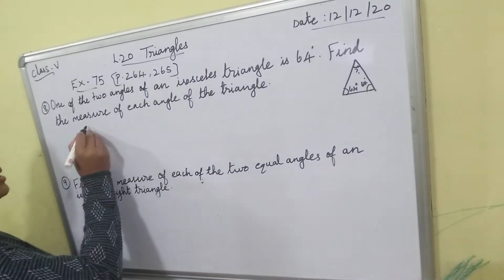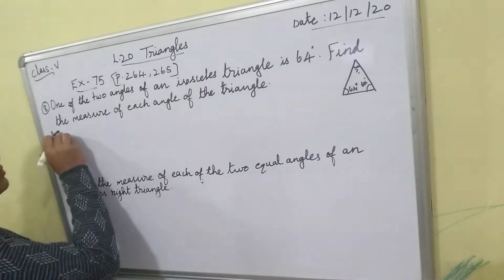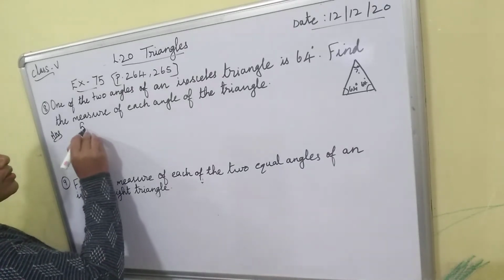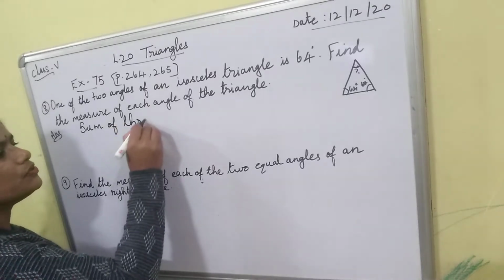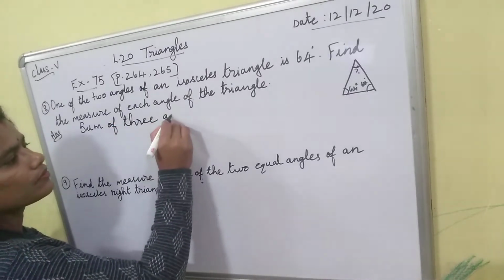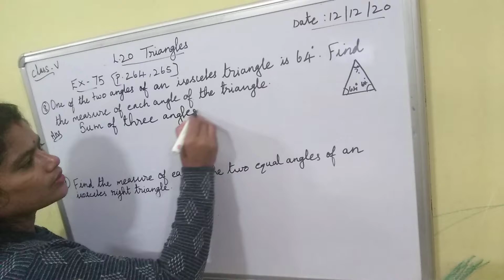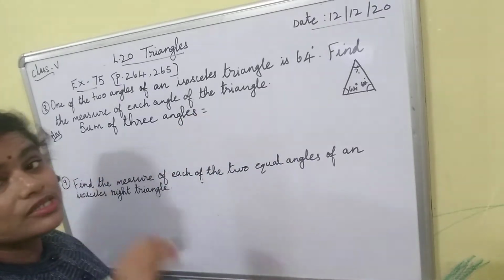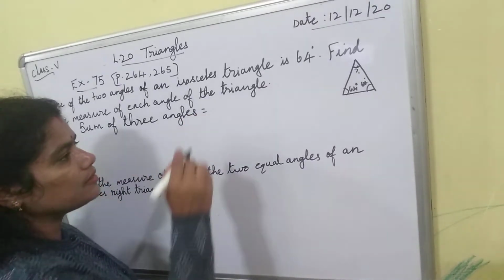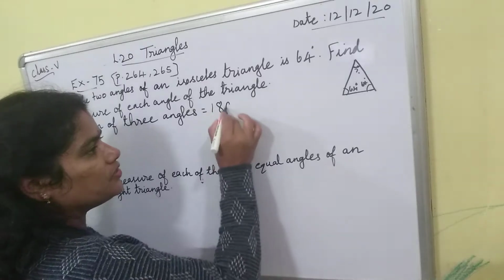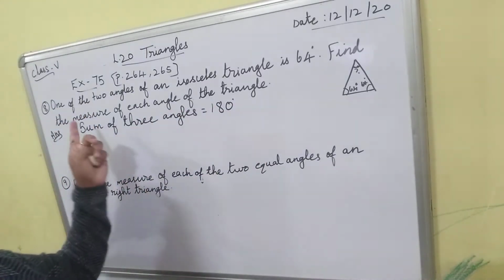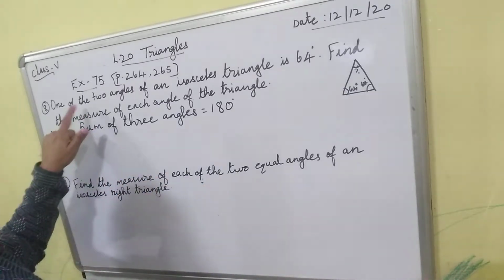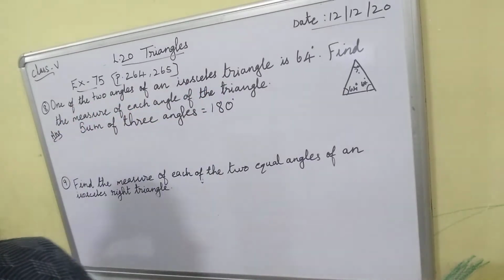Okay. Sum of three angles equal to how much is it? 180 degrees, isn't it? That we know, 180 degrees. Now we know the sum of two angles, two angles of an isosceles triangle.